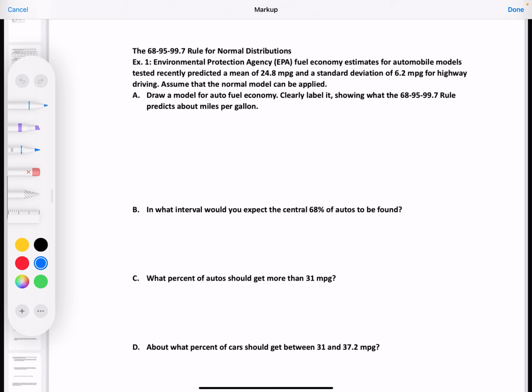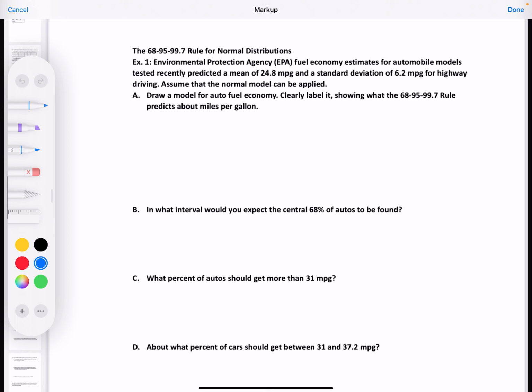All right, so the Environmental Protection Agency, EPA, fuel economy estimates for automobile models tested recently predicted a mean of 24.8 miles per gallon and a standard deviation of 6.2 miles per gallon for highway driving. Assume that the normal model can be applied.